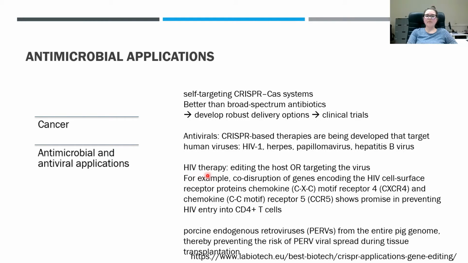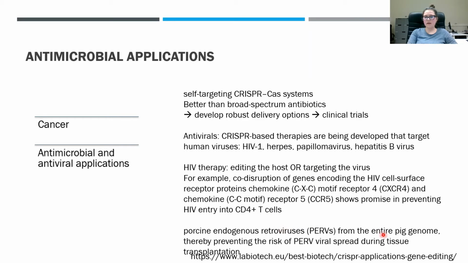And regarding HIV therapy, editing the host or targeting the virus have been tried, and co-disruption of genes encoding the HIV cell surface receptor proteins, chemokine receptor 4 and chemokine receptor 5, shows promise in preventing HIV entry into our T cells.